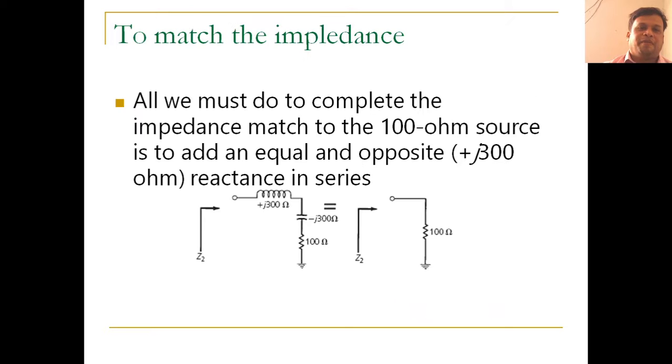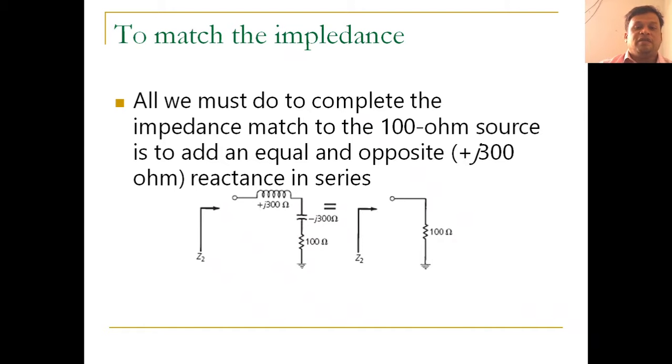To complete the impedance match to the 100 ohm source, how is this impedance matching done? All we must do is add an equal and opposite J300 ohm reactance in series. So we bring a J300 ohm series element and add it in series to the minus J300 plus 100 ohms.